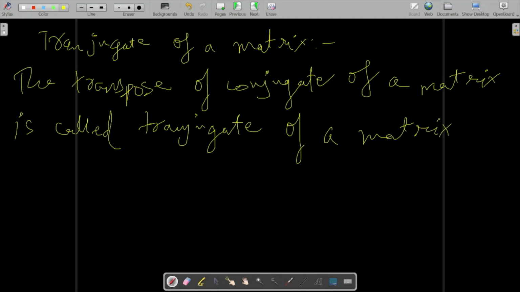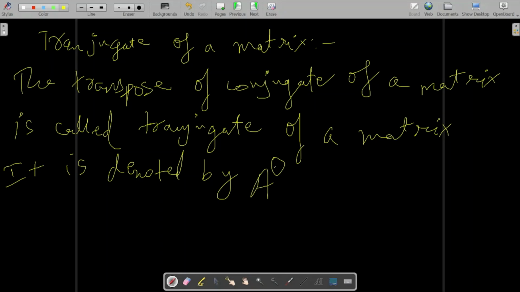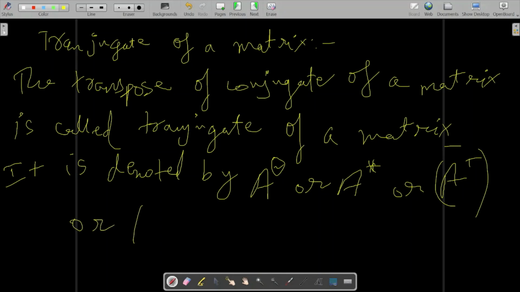It is denoted by A theta, or A star. Many representations of it are there, or A transpose and then we take the conjugate, or A conjugate transpose.